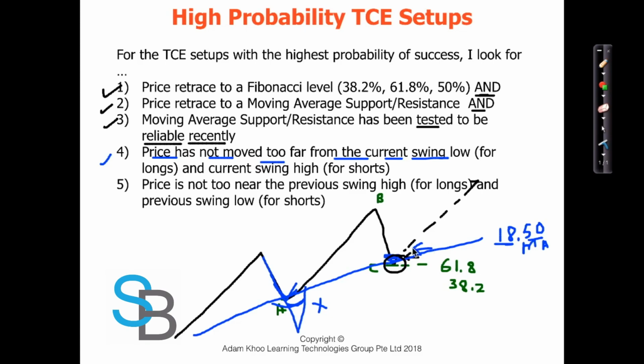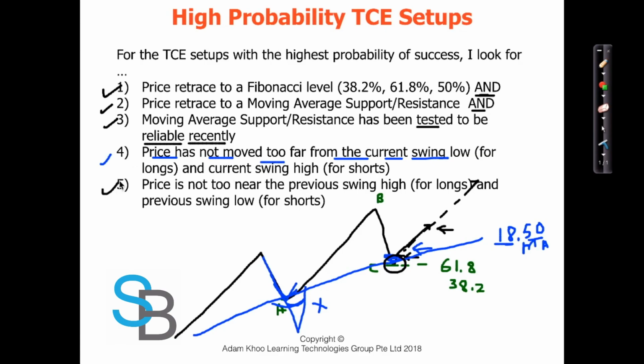If the price hits the support and moves too far away, and I'm entering here, I'm a bit late to the party. Does this make sense? I like to enter as close to the support level as possible.